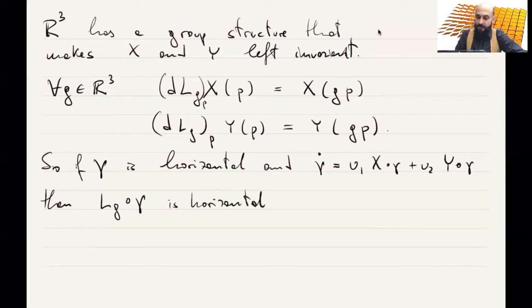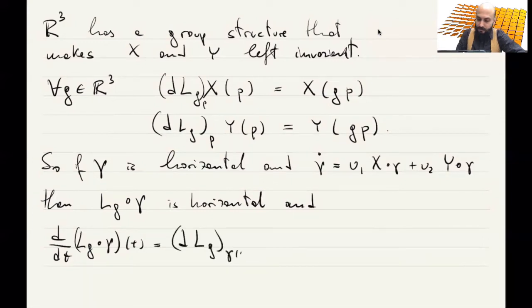And what is the derivative of the curve? So the derivative over t of Lg composed with gamma at t is just the differential of the left translation at the point gamma of t, applied to the vector gamma dot of t.